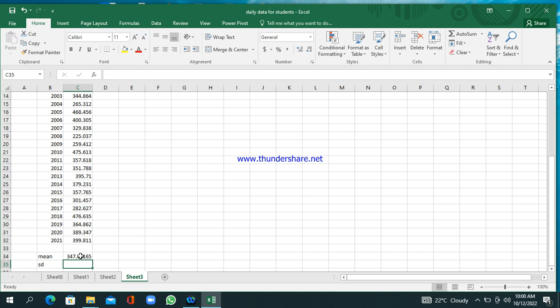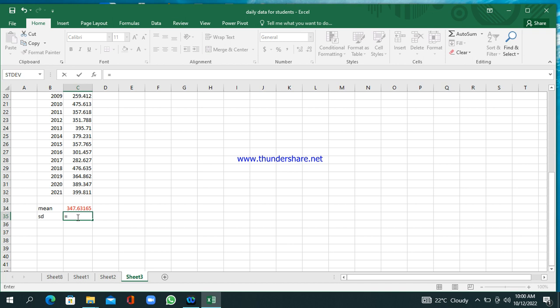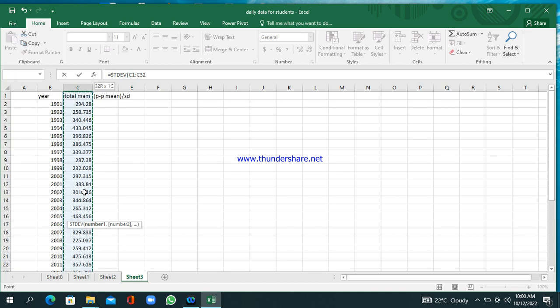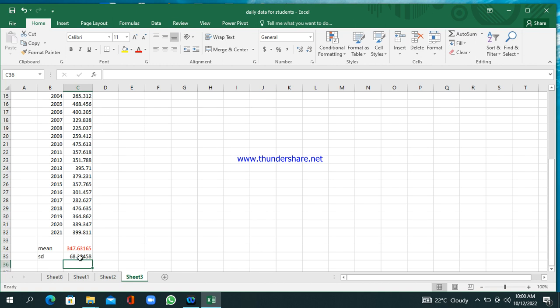So this is the mean. And in a similar way, the standard deviation is equal sign STDEV. Then select all the totals, enter, and this is the standard deviation.